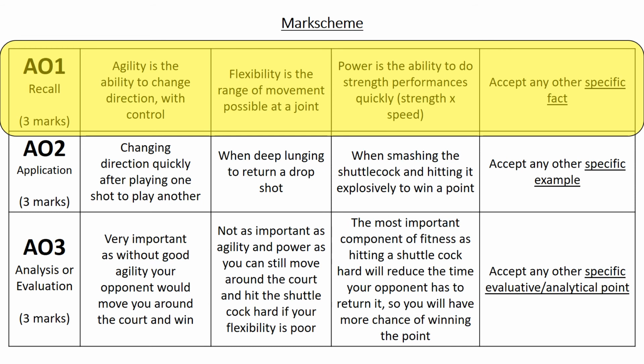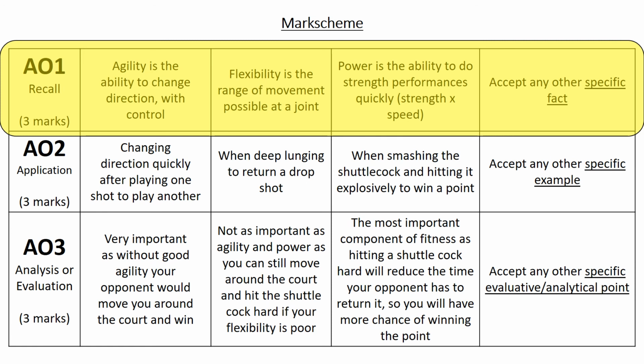Now for me, getting those definitions out of the way is really important, and there shouldn't really be another fact that you would write. Give the definition of key terms. If you were to write all 3 of those things and they are contained within your answer, then you'd pick up 3 AO1 points. Now I'd like you to use this mark scheme to continue to mark your own work and finally give yourself a mark out of 9.